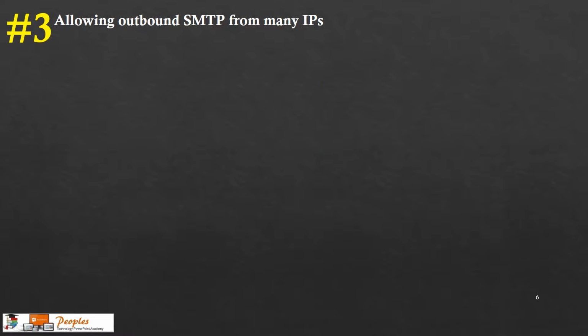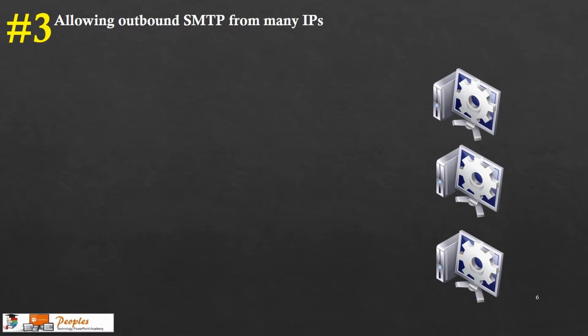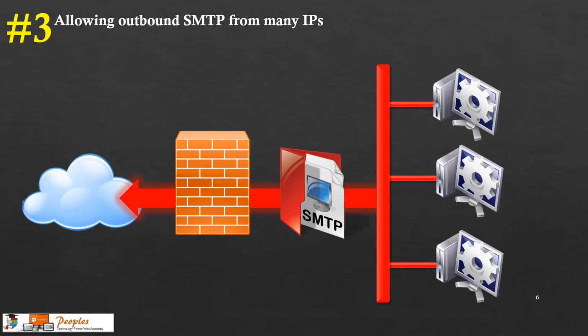Now let's look at the third problem we commonly see in firewall configurations: allowing outbound SMTP from many IPs. Now what does this mean? Let's assume in this hypothetical case, we have three zombie computers on our compromised network, and they are spamming like crazy out through our firewall, because remember, we're letting out SMTP traffic through our firewall.